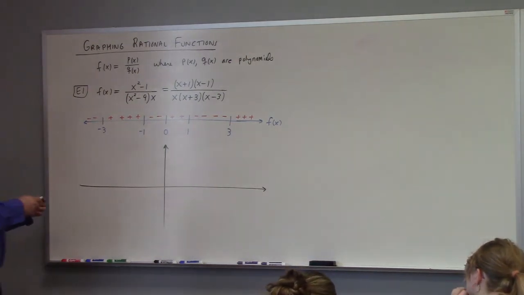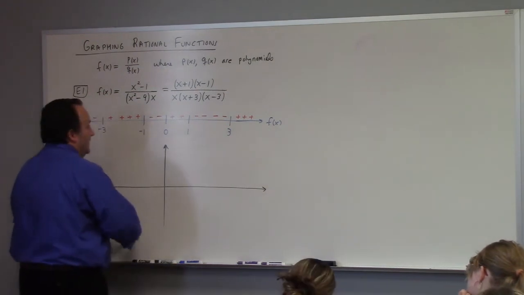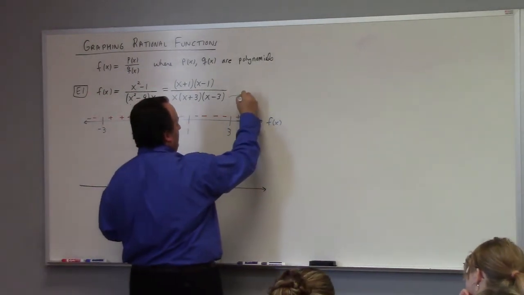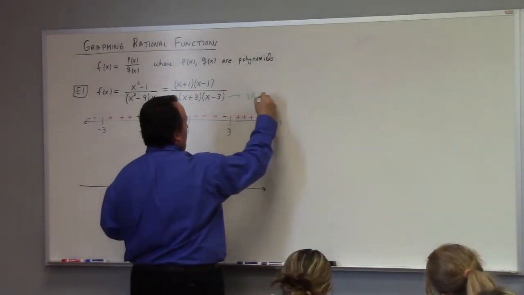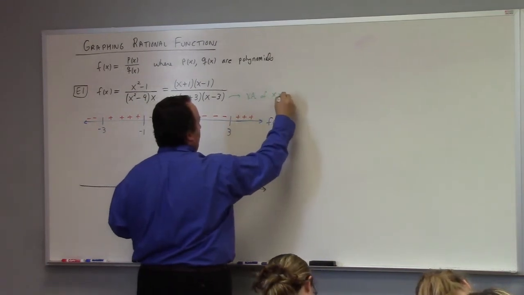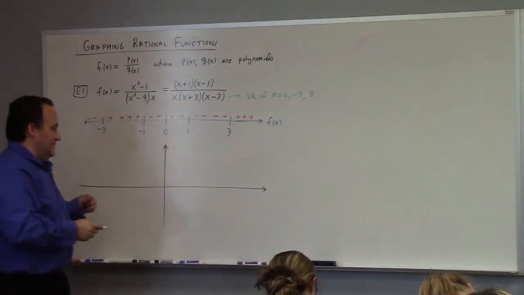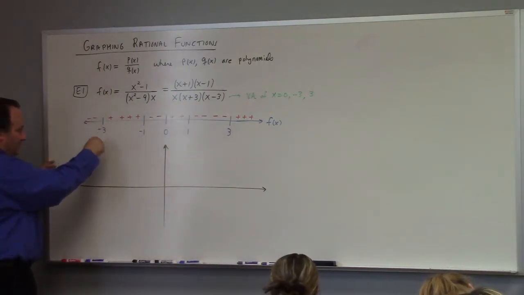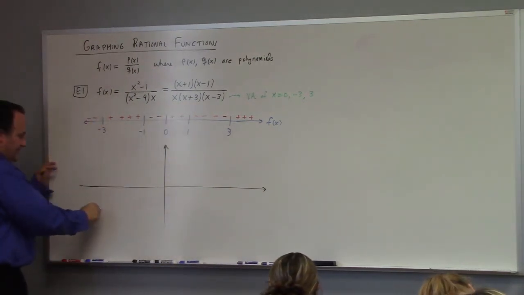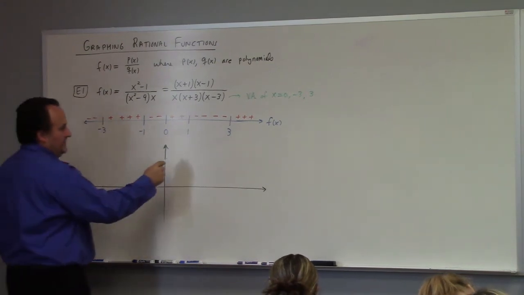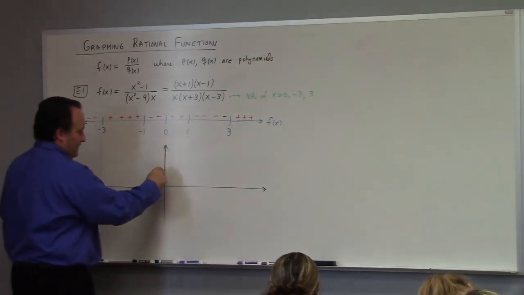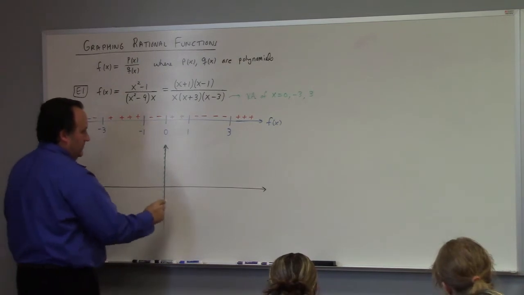There's going to be a vertical asymptote at x equals 0, -3, and also 3, right? So those are like here. I try to use dotted vertical lines to denote the vertical asymptote. My y-axis is a vertical asymptote.